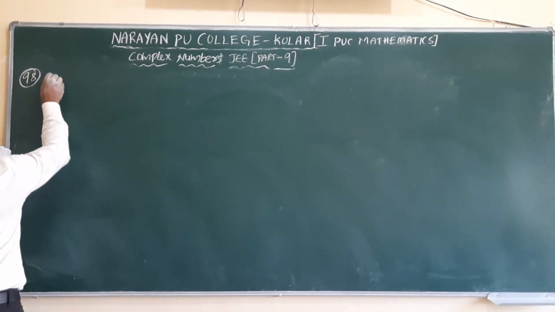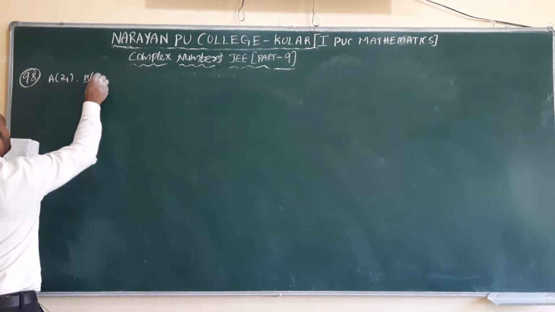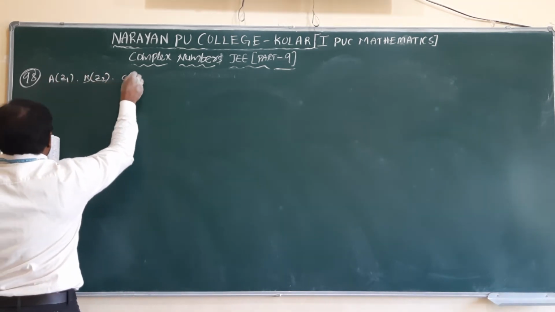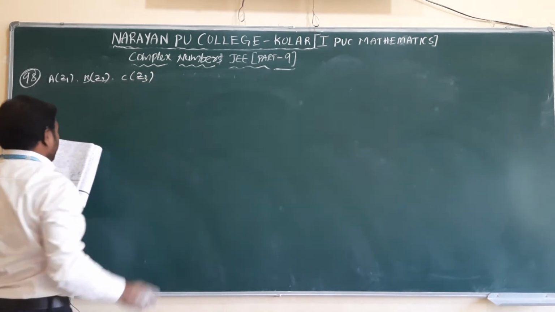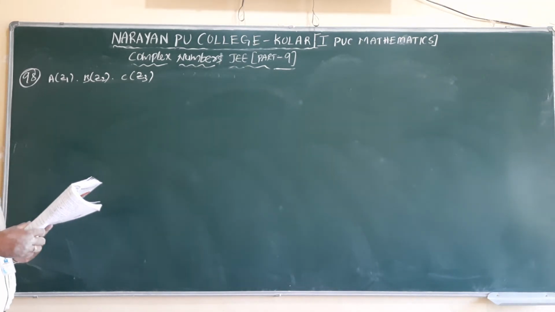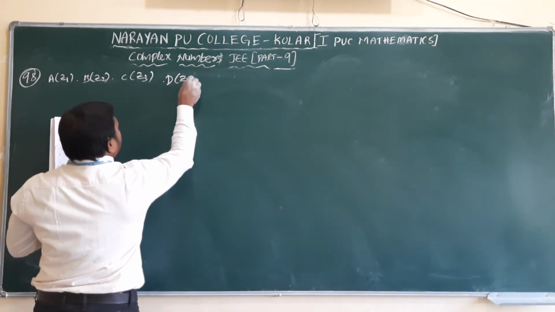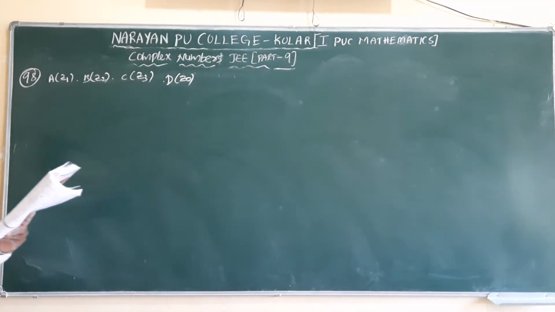The points A (Z1), B (Z2), C (Z3) are the vertices of the equilateral triangle ABC whose circumcenter is Z0.